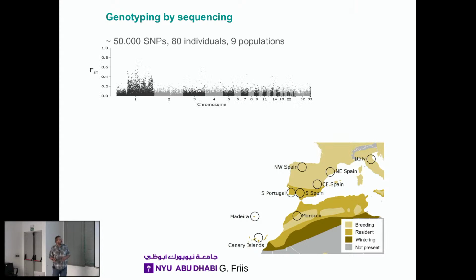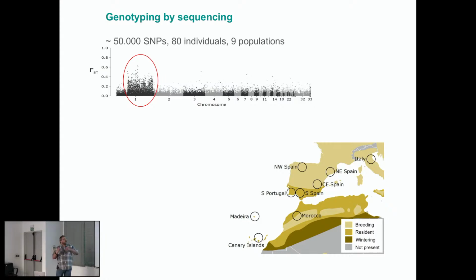There was not one peak, but there was this gigantic region in chromosome 1 that had huge differentiation. Suddenly there was a very large block in chromosome 1 that was very strongly associated with the difference between the populations.